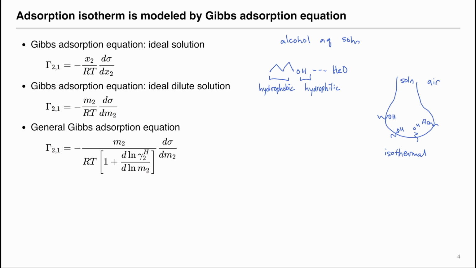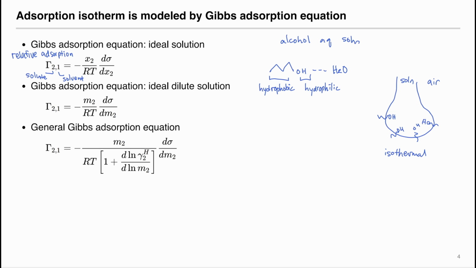then we can use the Gibbs adsorption equation for an ideal solution, which describes the relative adsorption denoted by big gamma 2,1. The 2 is the solute, and 1 is the solvent.